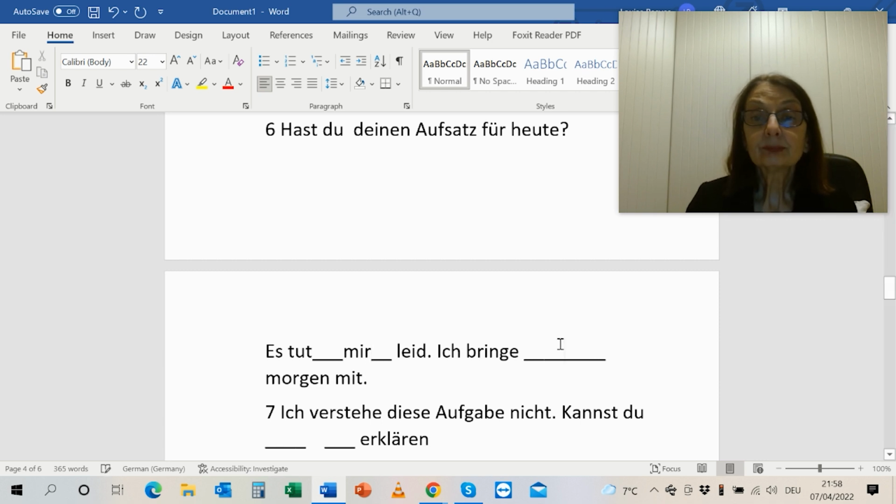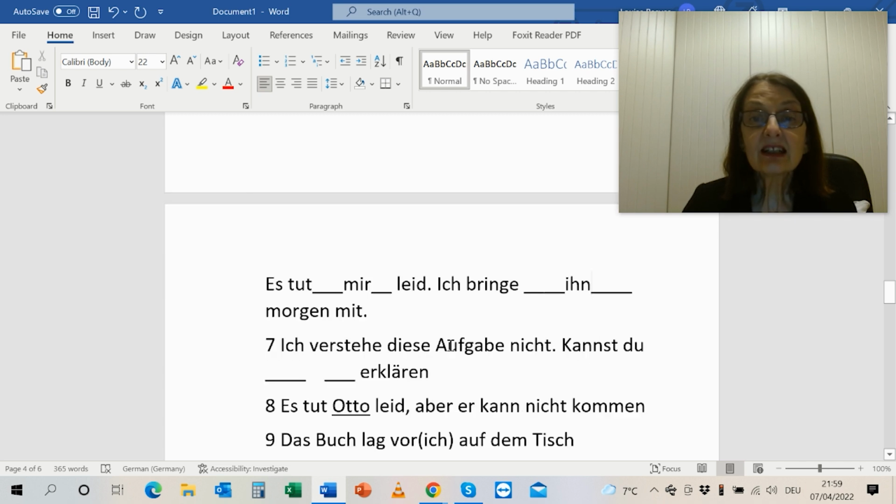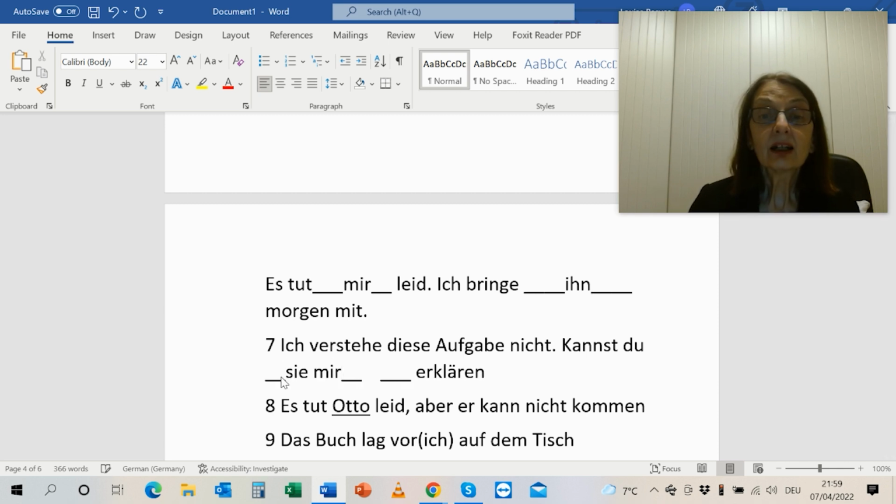Ich bringe ihn morgen mit. Because remember, Aufsatz is masculine accusative. Ich verstehe diese Aufgabe nicht. I don't understand this exercise. Kannst du sie mir erklären? Remember the accusative first. Kannst du sie mir erklären? Can you explain it to me?